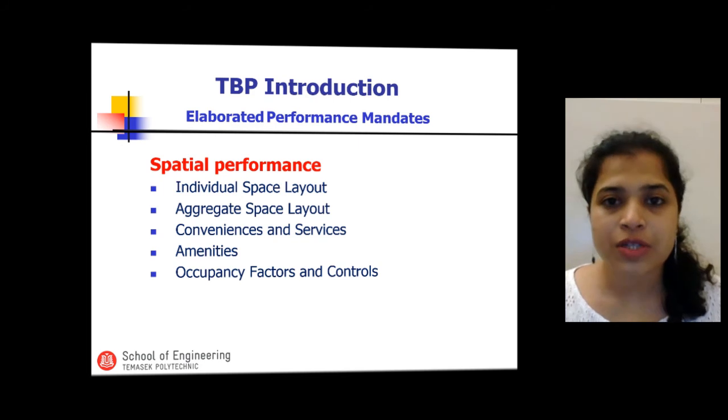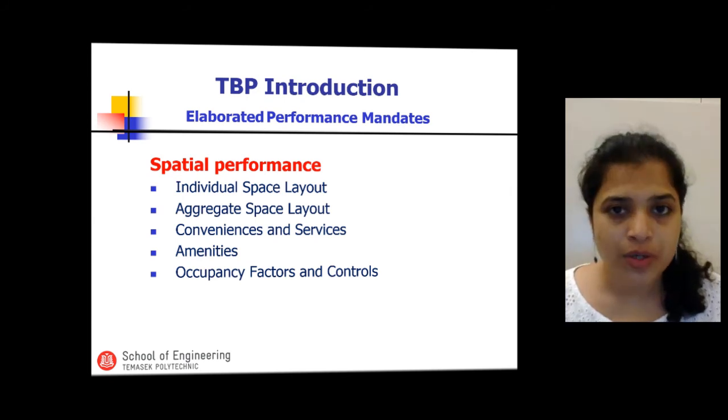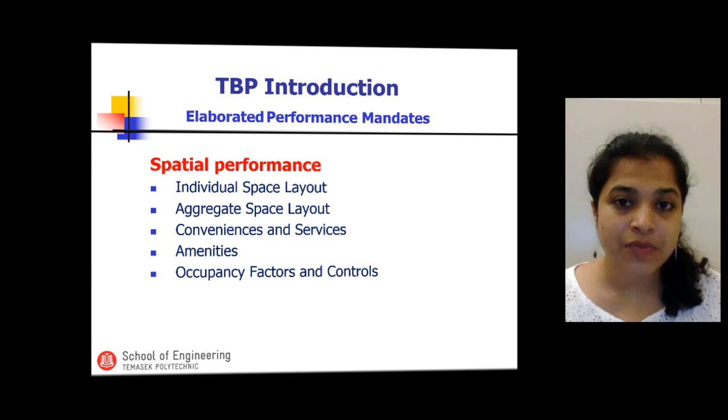Okay, now not just the individual space layout, but also the spaces which are adjoining to the individual space layout, their design is also important, because these are the spaces which connect us to the other primary functions, right?